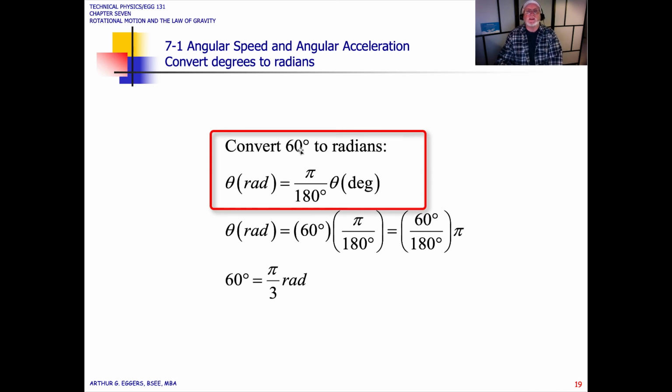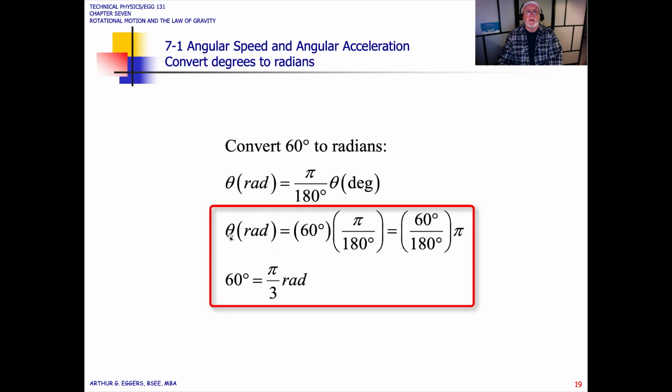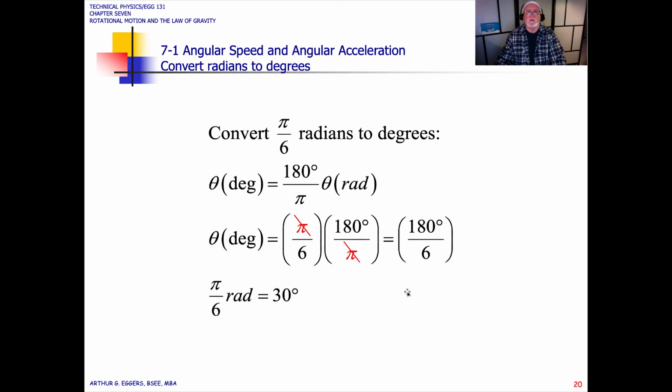Let's convert 60 degrees to radians. We've got our relationship. We're going to convert 60 degrees to radians. So theta is equal to 60 degrees times pi divided by 180, which gives us pi over 3 radians.